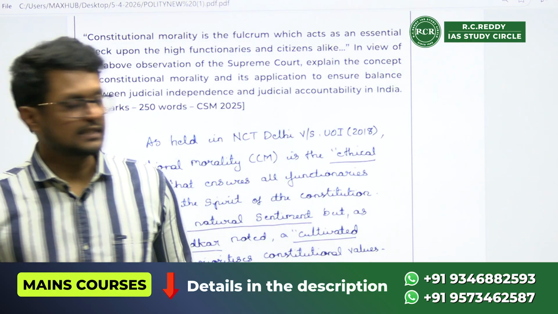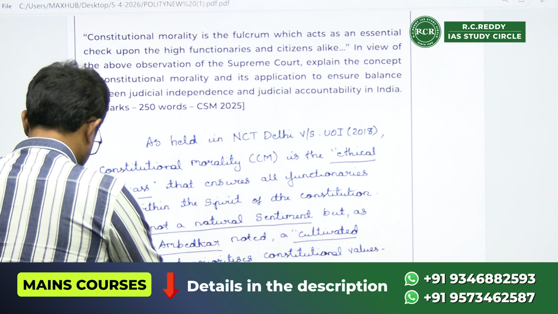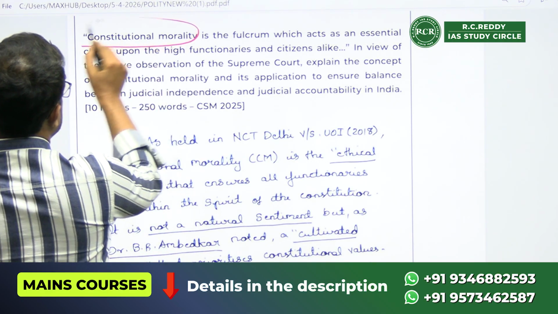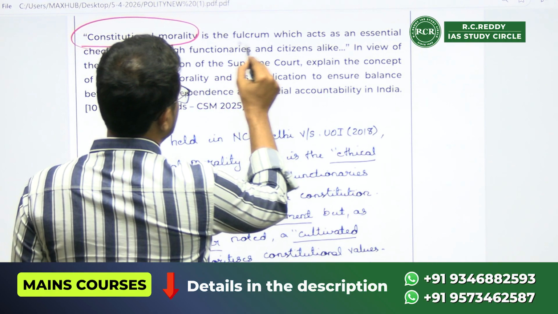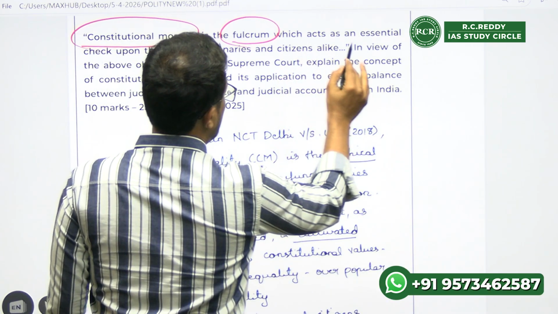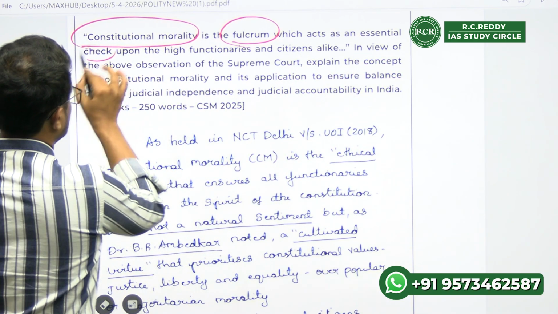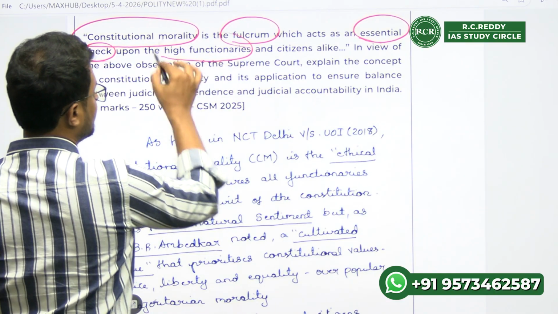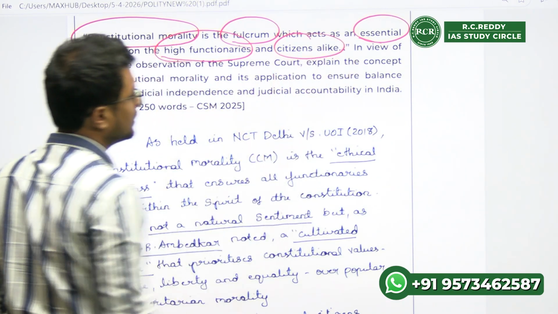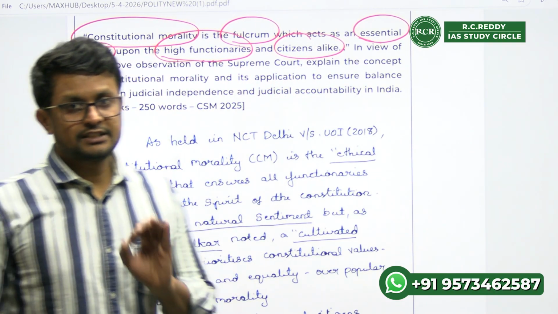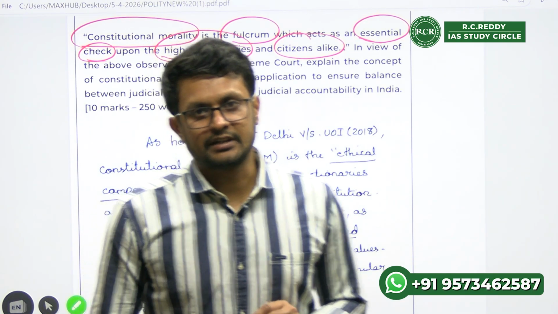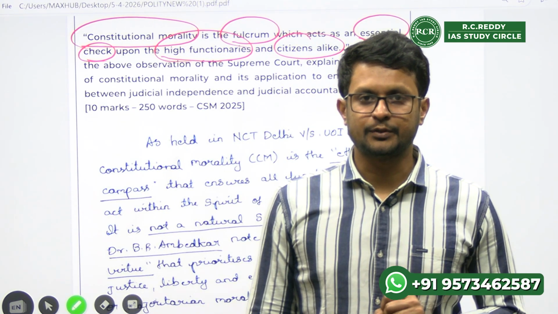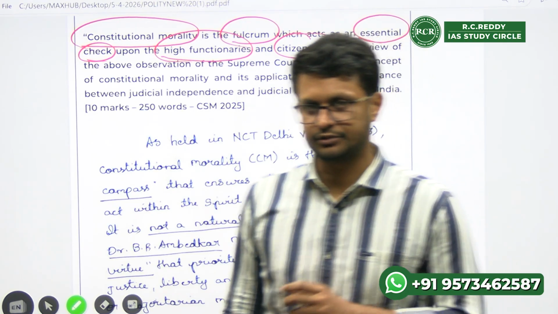The question says, constitutional morality is the fulcrum which acts as an essential check upon high functionaries and citizens alike. Giving such pretext or contextual statements has become a norm in civil service examination question papers, especially general studies too.